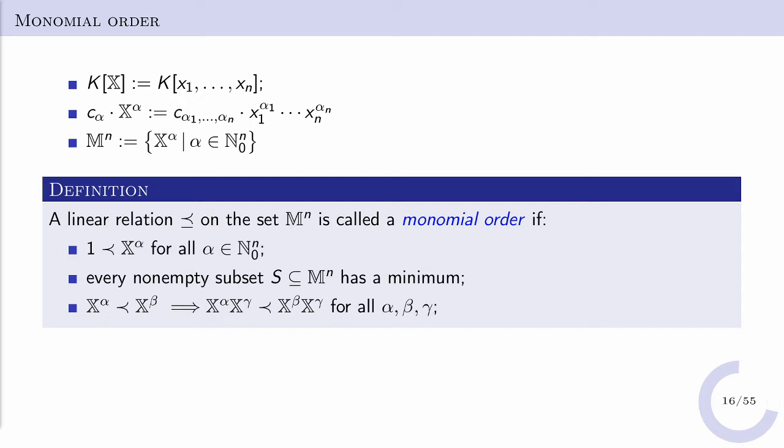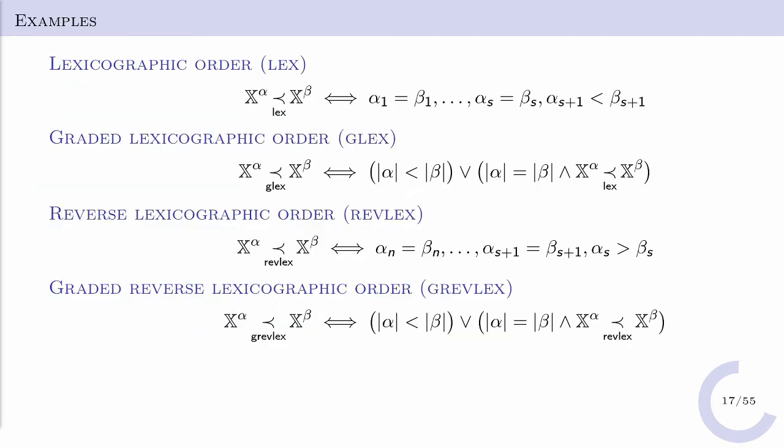Before I proceed any further, let me present four standard monomial orders, four monomial orders that are in some sense canonical. First of them is the lexicographical order, abbreviated LEX. And this order works like this. If we have such multivariate monomials, we compare the exponents starting from the leftmost one.